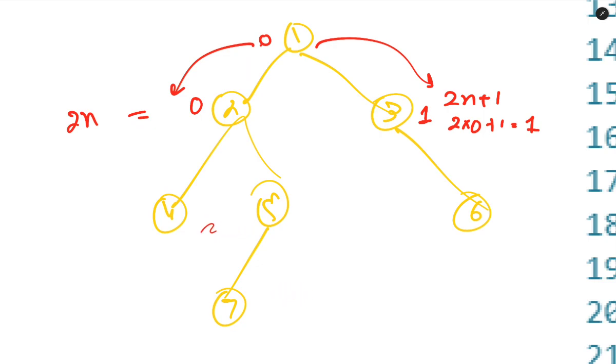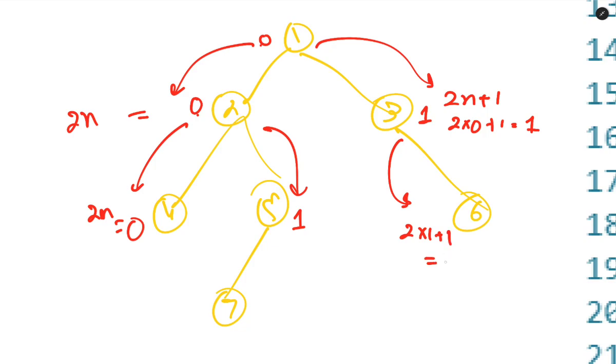Now what I will do is, this is 0, right? So I will say 2n. 2n will say that okay, 2 into 0 is equals to 0 only. 2 into 0 plus 1 is equals to 1 only. Then this is what? 1. So I will say that 2 into 1 plus 1 is equals to 3. Okay.